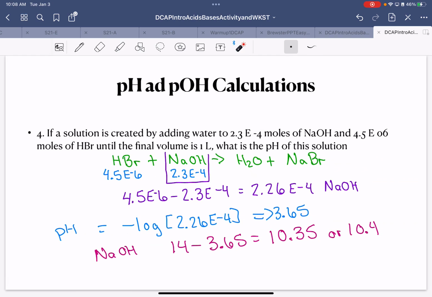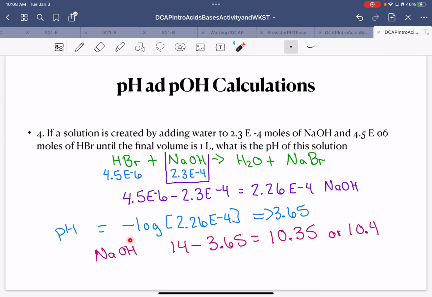This problem is interesting. So I have been given 2 different moles of a strong acid, strong base. So there's my equation, and I basically just set up underneath it what my values were. So I had to figure out which one is in excess. And so I'm going to subtract the 2 numbers, and I get that I'm in excess with sodium hydroxide, which means that my pH has to be on the basic side.